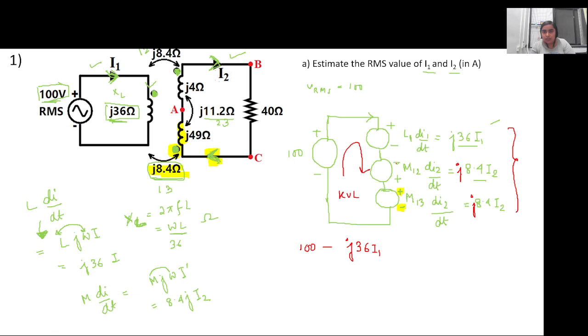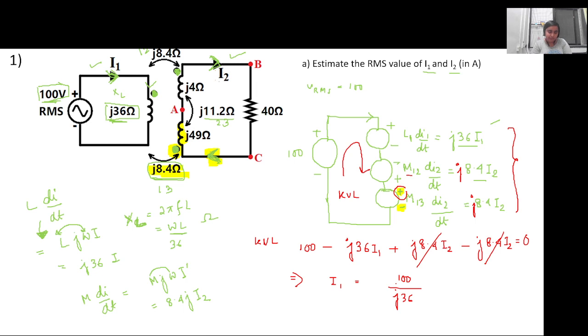Then you come across the negative sign, which is this term, so it will be plus j8.4 I2, and then you come across this one, so it will be minus j8.4 I2. This is equal to 0 by applying KVL. So these two terms will get cancelled. We have I1 equal to 100 by j into 36, right?